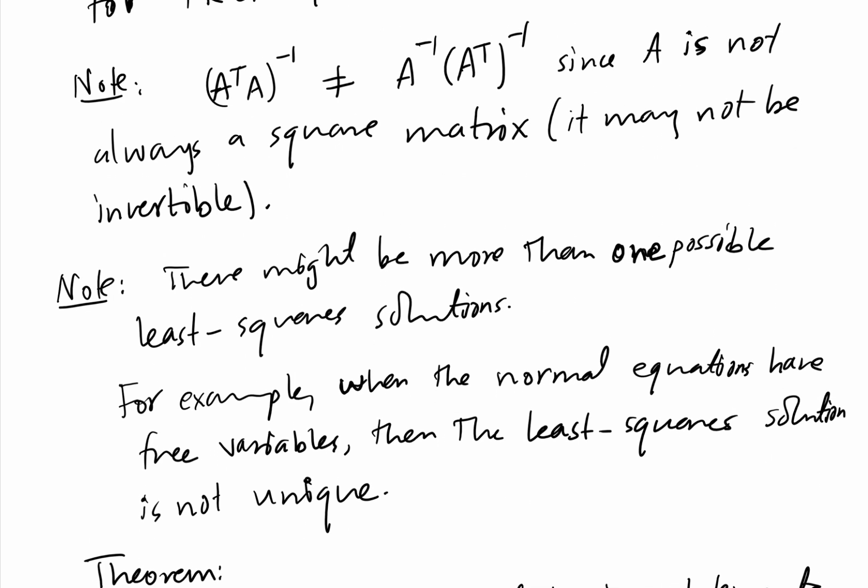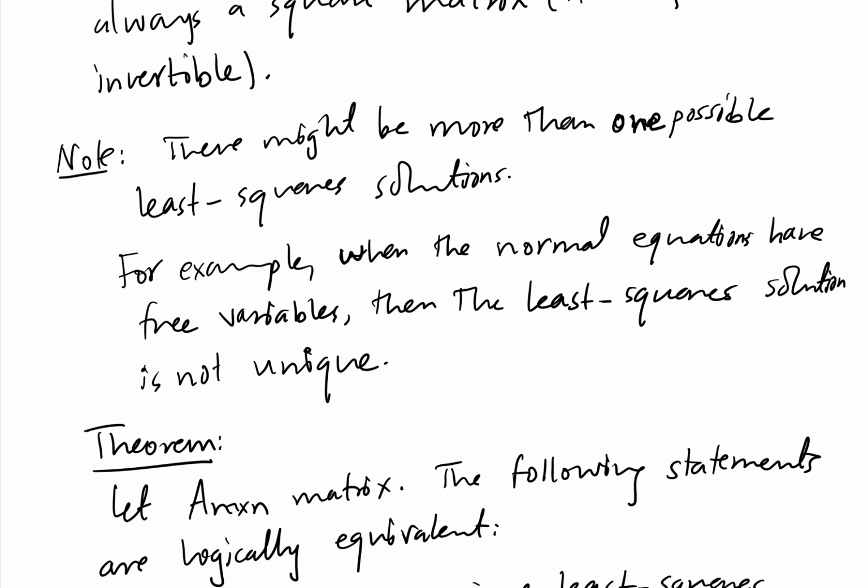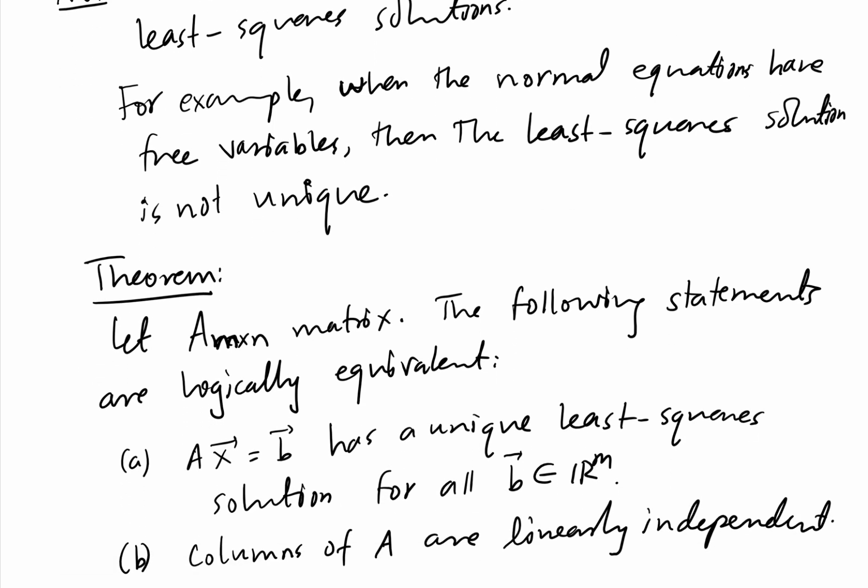Okay, so now we can put all this together, all the stuff we talked about, linear independence, unique solutions, and come up with a theorem that says if you have A, which is an m by n matrix, not n by n, the following statements are logically equivalent.